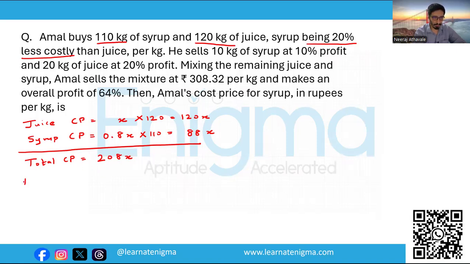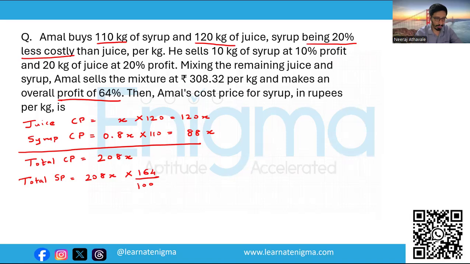Now, we can find out the total selling price in terms of x directly here by doing 208x multiplied by, because it's given your profit of 64%, it will become 164 by 100. Okay.